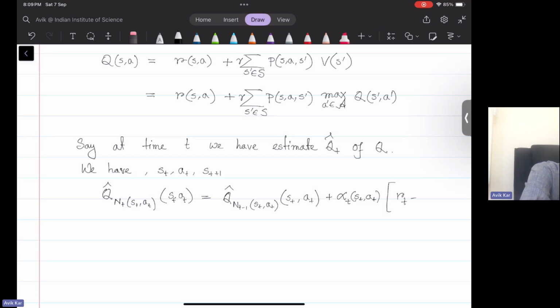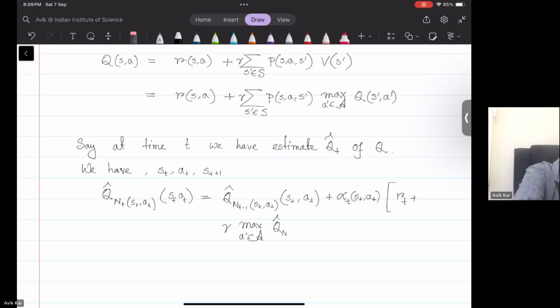Times r_t plus gamma, then the expectation is not possible to compute. We know s_{t+1}, so we know one sample of s prime. We can take the max, right?